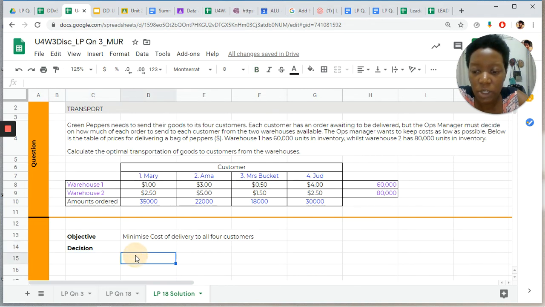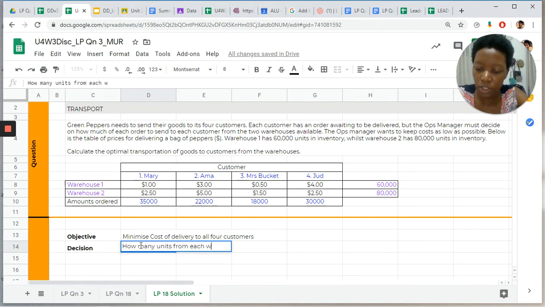So we need to know how much to send out from our 2 warehouses that we've got. So our decision then is going to be how many units from each warehouse to send to each customer.